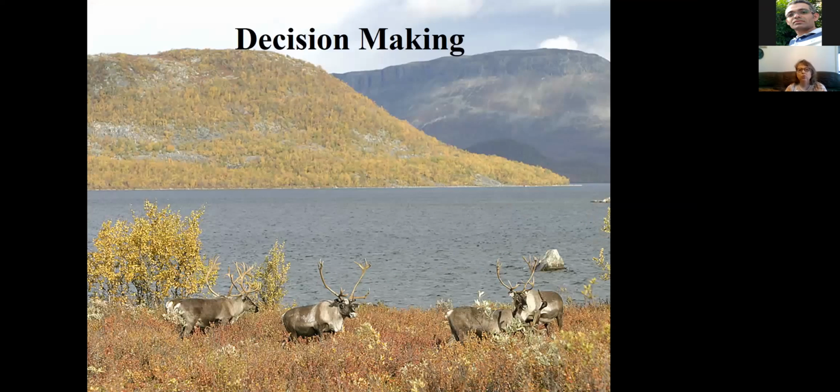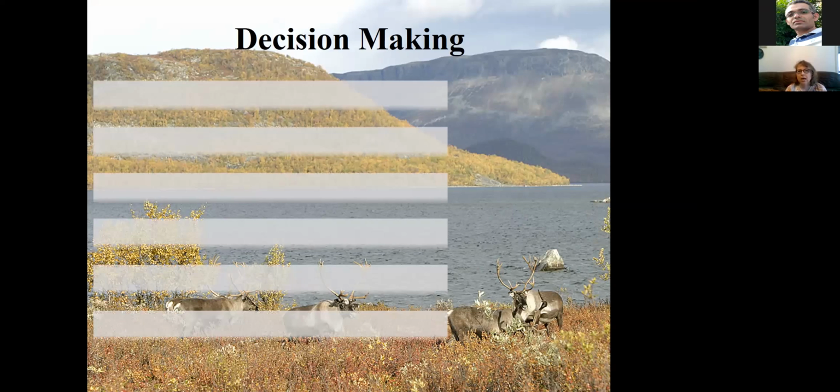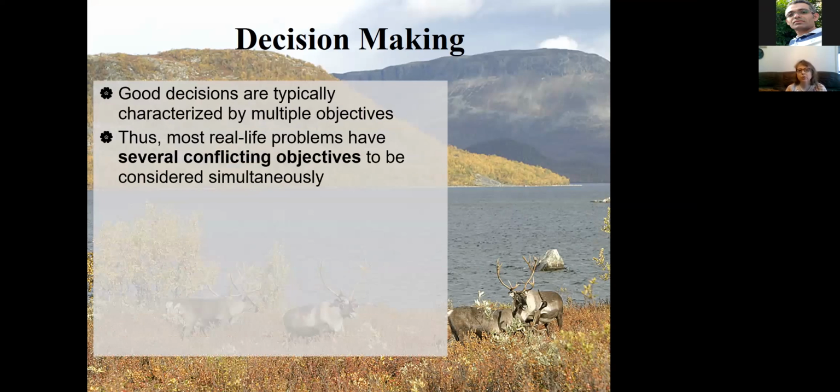The background of the whole consideration in multi-objective optimization is in decision making. Typically, good decisions are characterized by multiple objectives that are conflicting with each other. We tend to say that in life it is impossible to get everything.